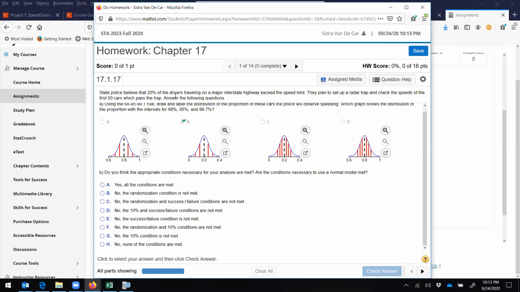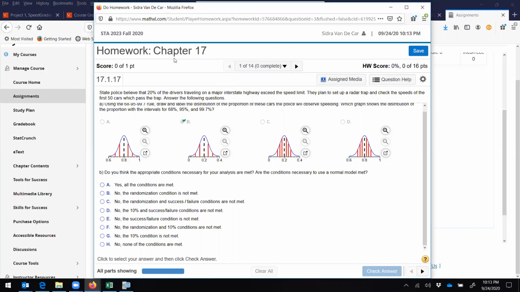So looking at this, we're setting up a radar trap to check the speeds of the first 50 cars that pass the trap. Well, in a way, that's not totally random because I'm probably setting up that radar trap at a specific location. So let's say that I were to set my trap on, you know, I-4, that's probably different than what I would get if I set it up on, I don't know, Aloma Avenue, right? I'd probably have two different readings for those two values.